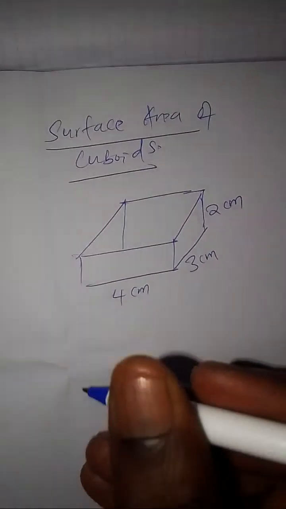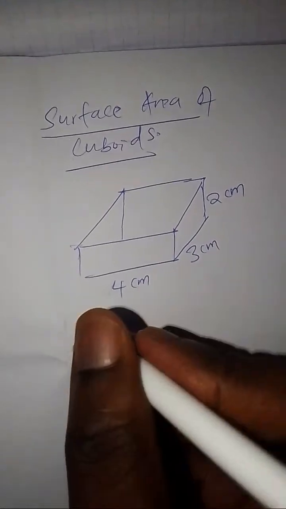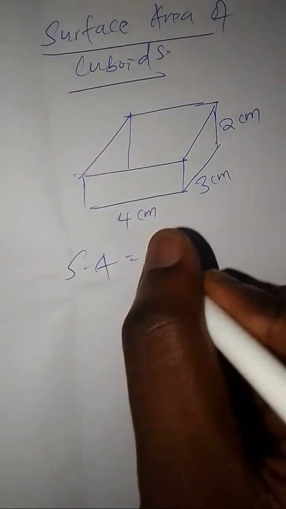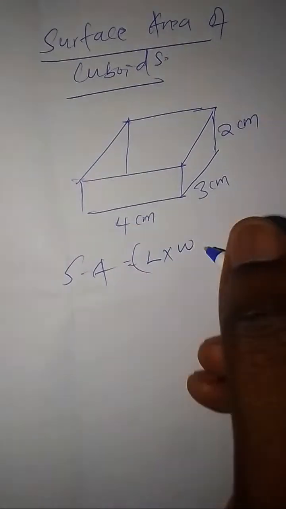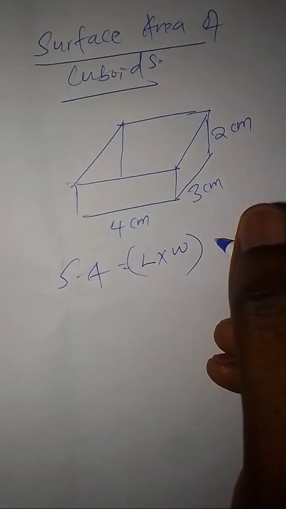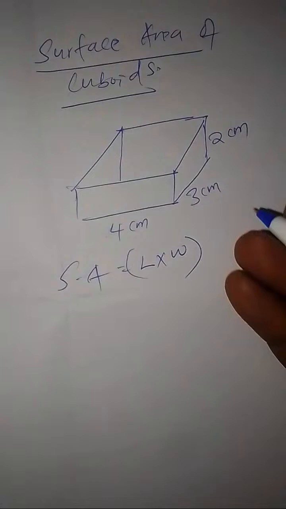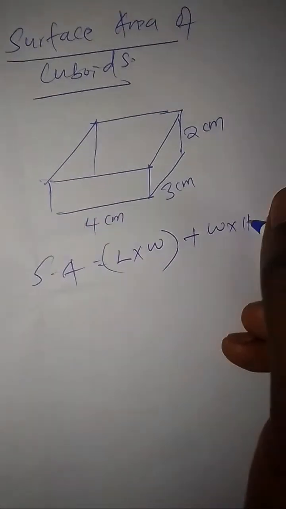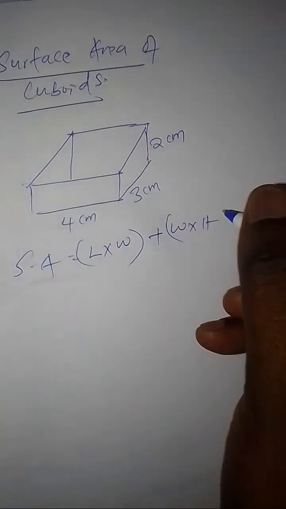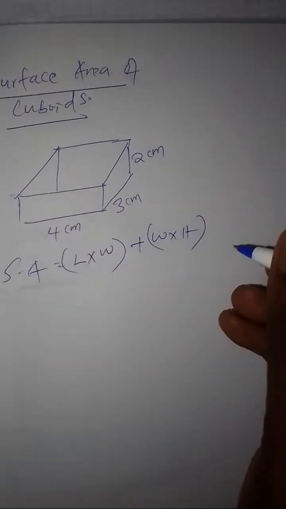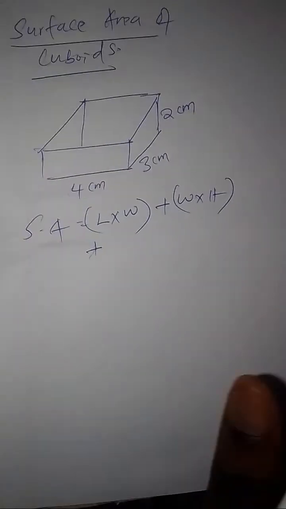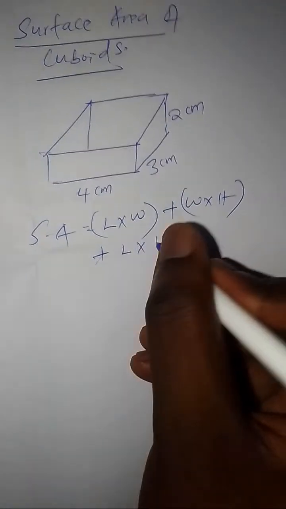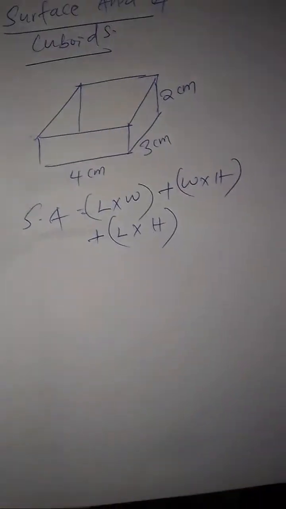Now, the surface area of this cuboid, surface area given by SA, is equal to L multiplied by width, in brackets. We also have L multiplied by width plus width multiplied by height, in brackets. Then plus length multiplied by height.